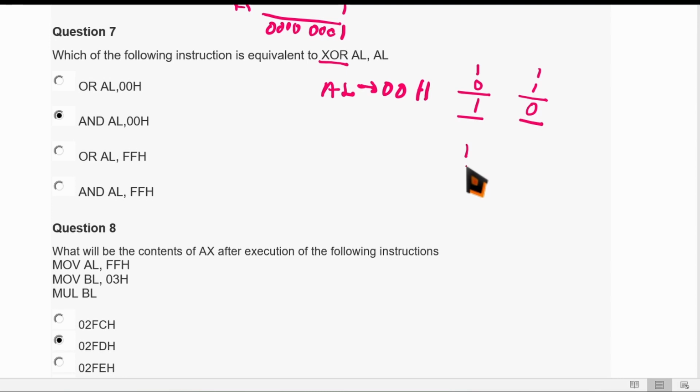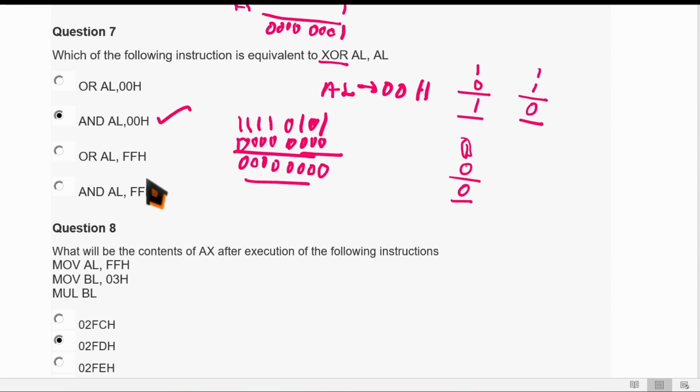If you AND any bit with 0, then the result will be 0, because in the case of AND operation, if both are 1, then the output will be 1. If one bit is 0, then the output will be 0 irrespective of the other bit. So this will produce a 0 in AL. For other operations, you will not get 0 in the accumulator.